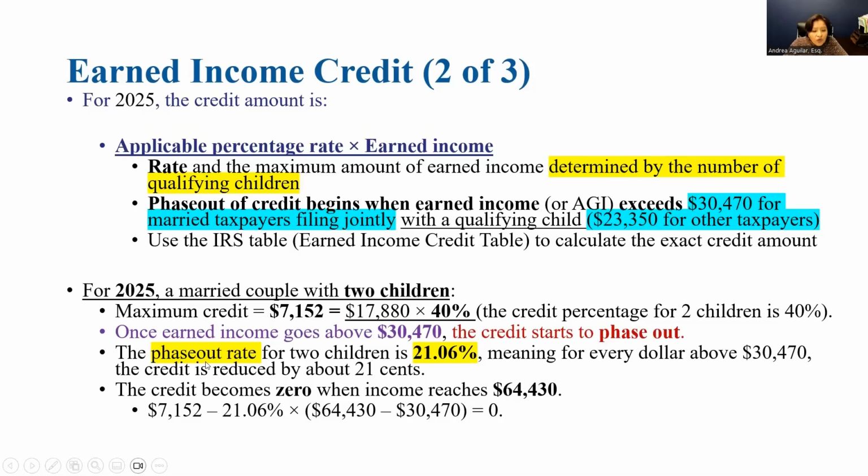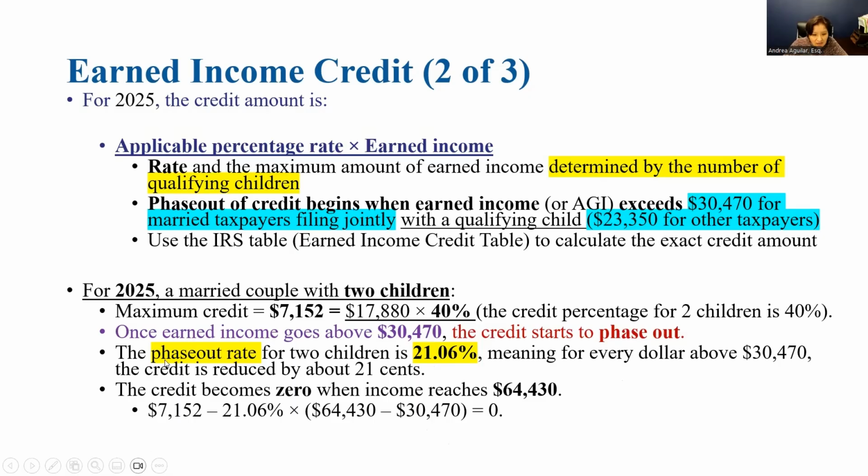How so? Well, we have to apply a particular formula. We have to multiply the excess amount over the phase out base by a percentage that is provided in the table to reduce our maximum earned income credit.